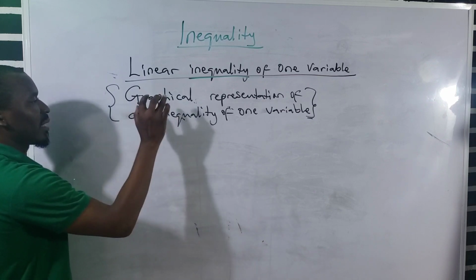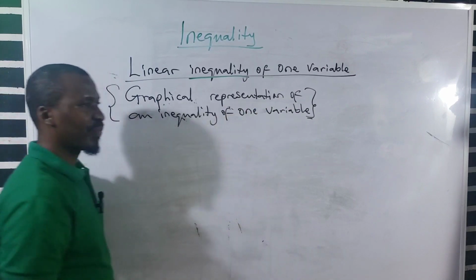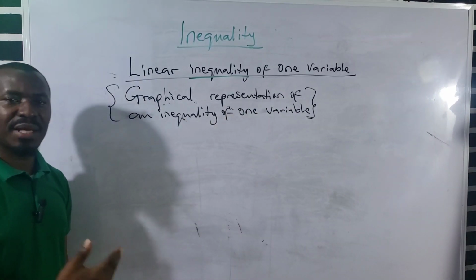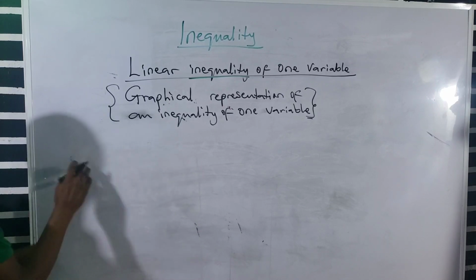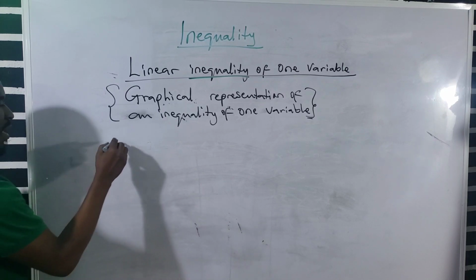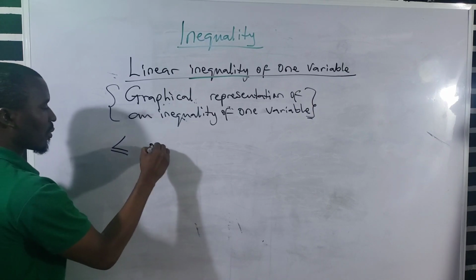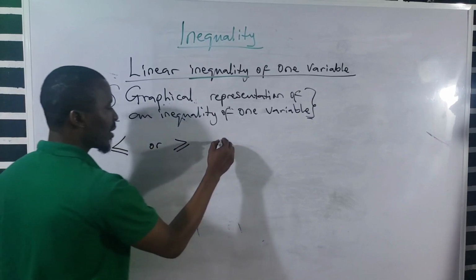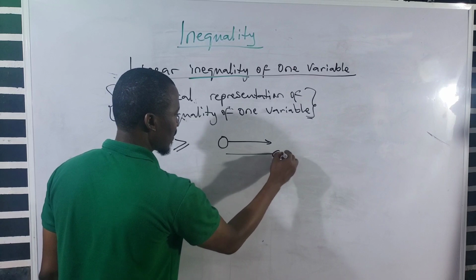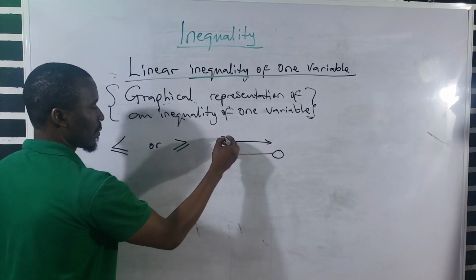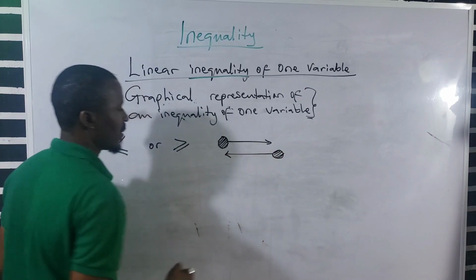Let us look at graphical representation of an inequality of one variable. Now, how do we represent an inequality of one variable? It is very simple. We need to note that when you have less than or equal to or greater than or equal to, we make use of this, the shaded circle.